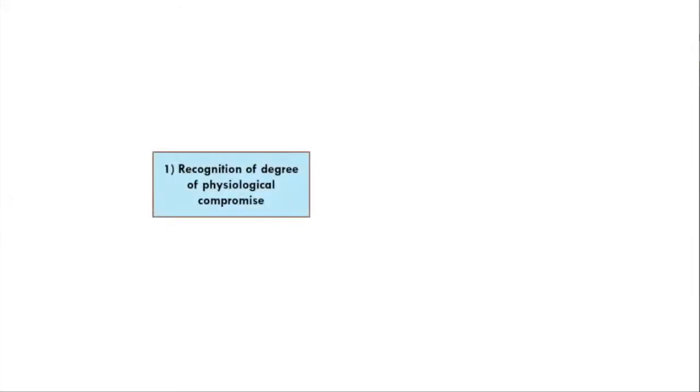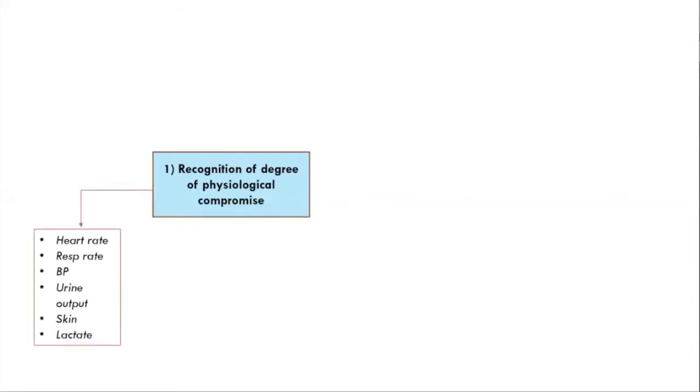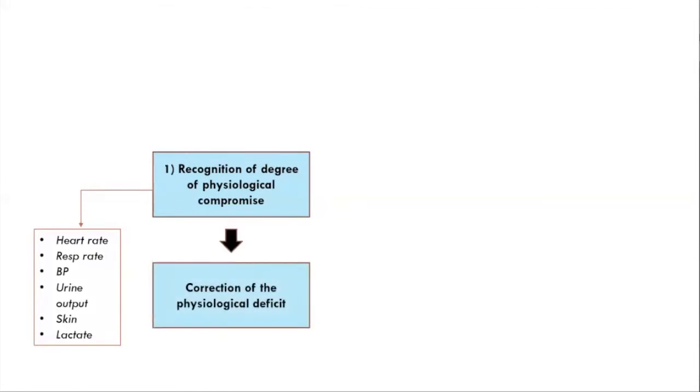One is recognize the degree of physiological compromise. So that's through your assessment, really: heart rate, respiratory rate, urine output, blood pressure to some extent, things like lactate, skin turgor, cap refill, all of those things, and then think about how you want to correct those. So that's the things that we spoke about earlier on.